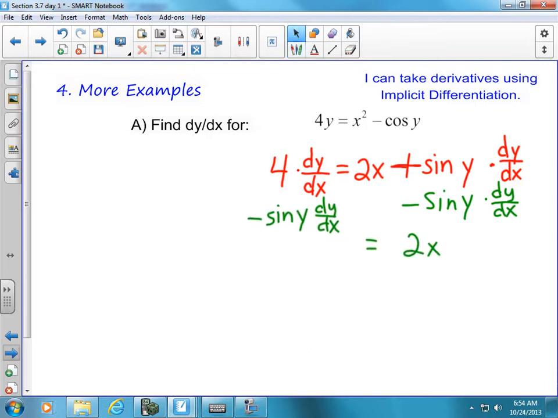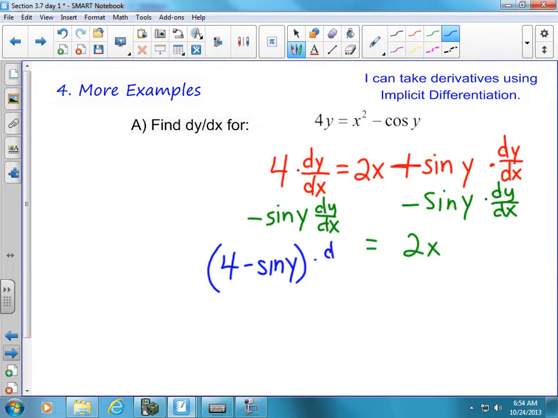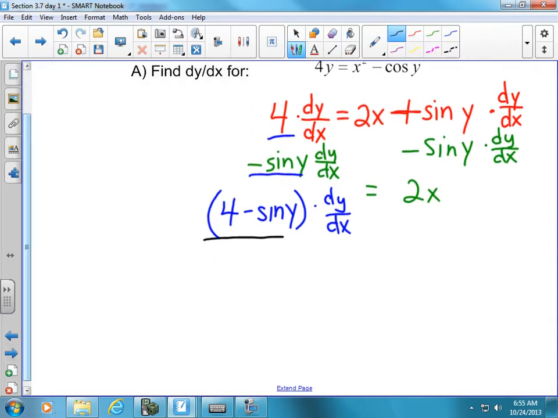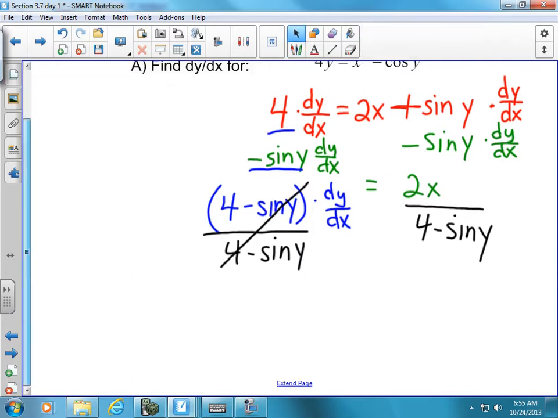On the left-hand side, we have 4 minus sine of y times dy dx. So we're going to collect both of these terms that are multiplied by dy dx, put them in a little parenthesis, and multiply them. So in order to get dy dx by itself, we divide both sides of the equation by this, 4 minus sine of y. That cancels out over here, leaving dy dx alone, and our final answer, therefore, is this.